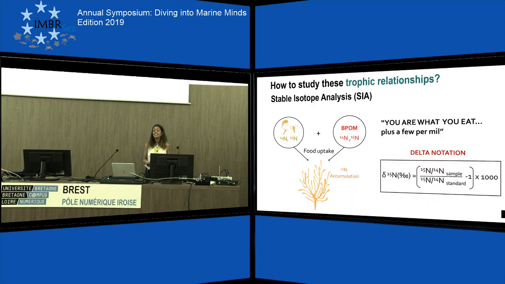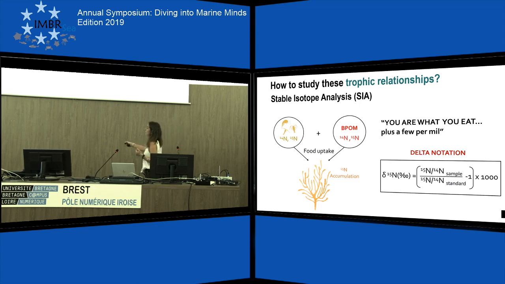To do this, stable isotope analysis is a very widely used tool, which is based on the principle "you are what you eat plus a few per mil." This means that the isotopic composition of a consumer will reflect that of its prey. And this is illustrated here in this example.